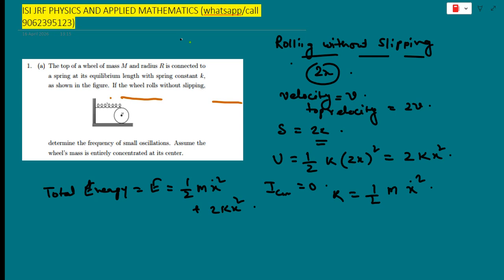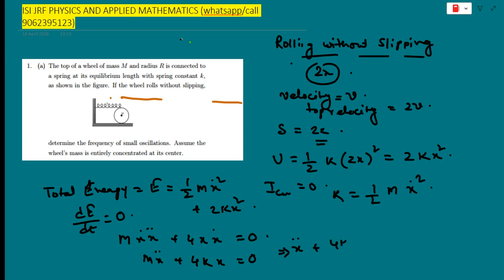Since energy is conserved, dE/dt equals 0. Now cancel the velocity x dot and we get m x double dot plus 4kx equal to 0, or x double dot plus 4k by m into x equal to 0.